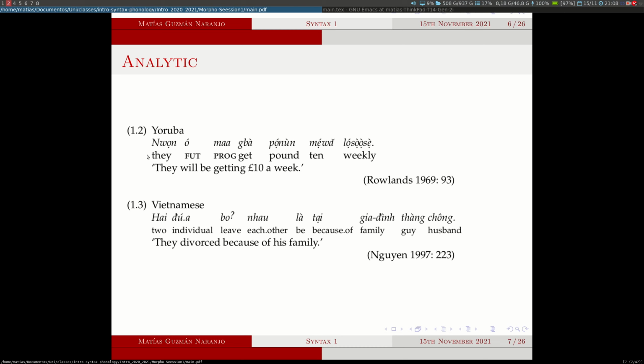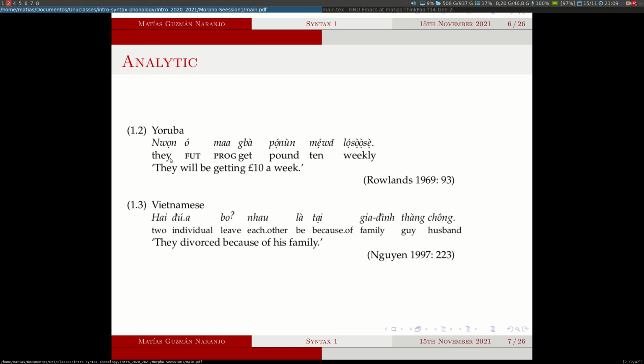So the line directly under it gives you an exact representation or an approximate representation of what each word is doing in the sentence, and the last line is a translation into English usually, or French or Spanish, whatever you're working with as the working language. And this sentence means they will be getting £10 a week, right?